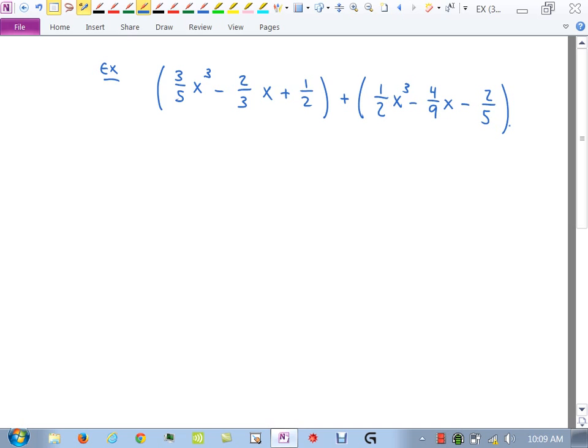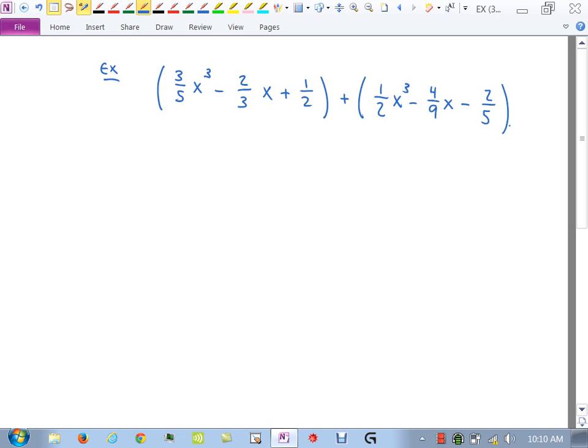Well, I'm going to help you through this one. You'll have time on your homework. So we have 2 sets of parentheses, right? And inside the first set of parentheses, are any of these like terms? No. Second set of parentheses? No. So let's try and drop parentheses. Can we just drop them?